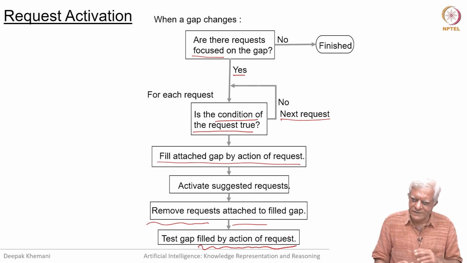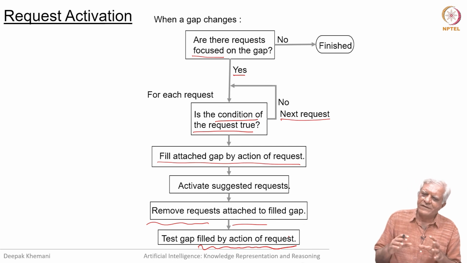So, we will stop here with the Yale School of Work. We will have a quick look at frames, because we have mentioned frames and scripts almost in the same breath. They are similar in nature. Frames are more semantic in nature, scripts are more episodic in nature.